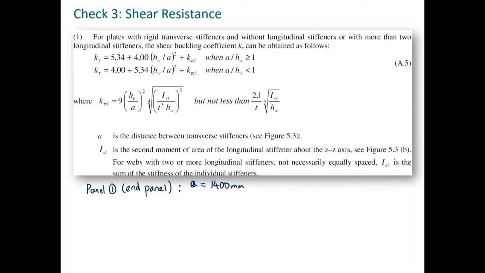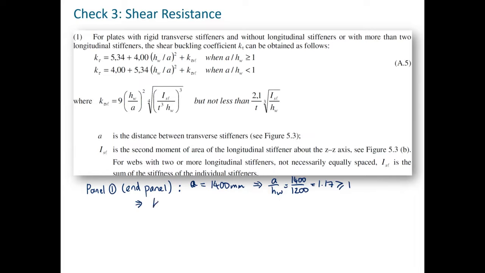So that's the distance between the stiffeners. That implies that a divided by the height of the web is equal to 1400 divided by 1200, which is 1.17, which is greater than or equal to 1.